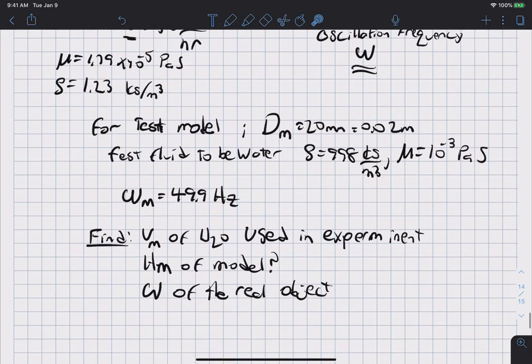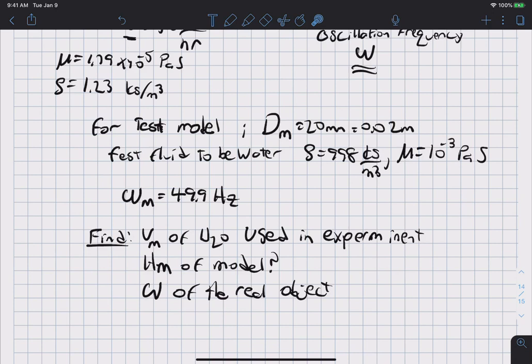Then with the experiment, you measure the shedding frequency or the vortex frequency of the model, and then you can map that, and that will tell you what the vortex frequency is for the real object. And then if you're the fluids engineer on this, you can give that information to the structural mechanics people, and they will put that into their models and determine whether the bridge is going to shake itself apart or not.